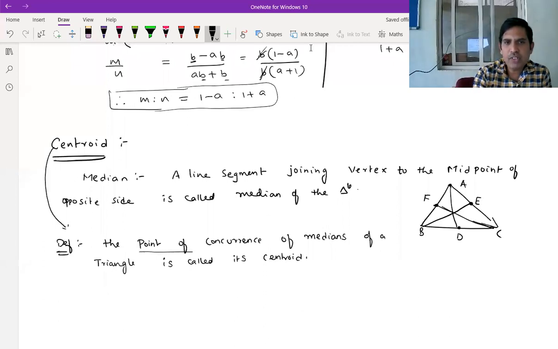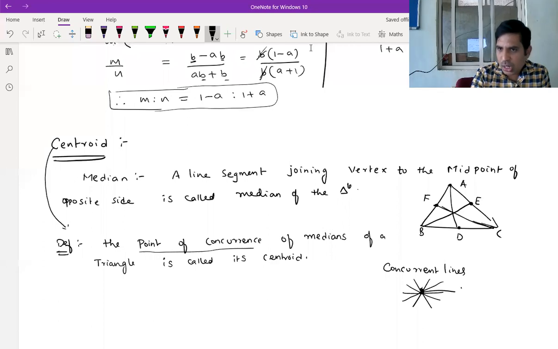So this is definition. The point of concurrence. What is the point of concurrence meaning? First we have to know concurrent lines. What are concurrent lines? Nothing but 2 or more lines passing through the same point. Then it is called concurrent lines. These are all called concurrent lines. So this is called point of concurrence.